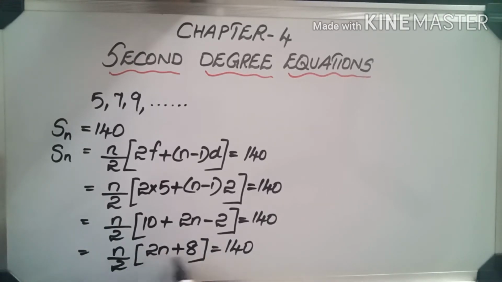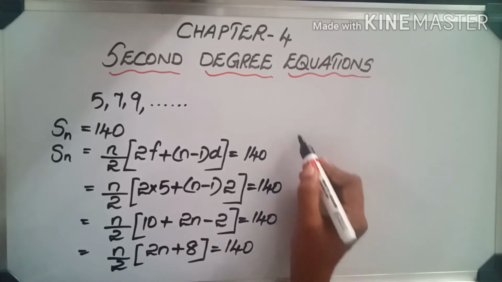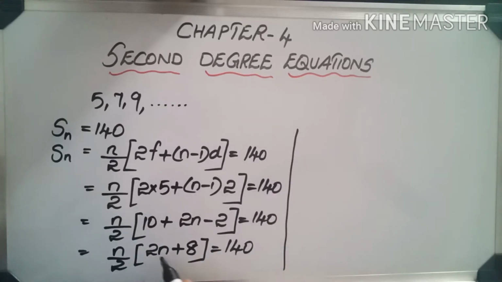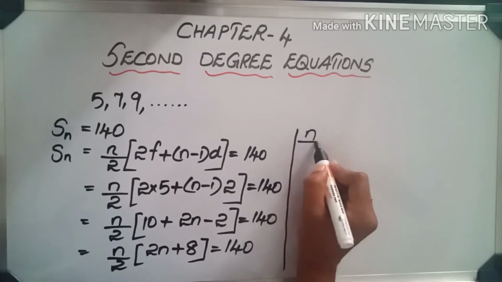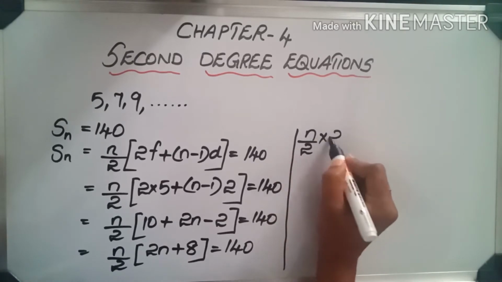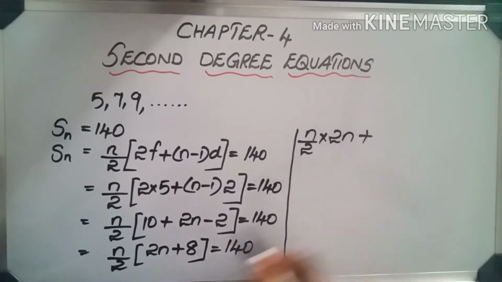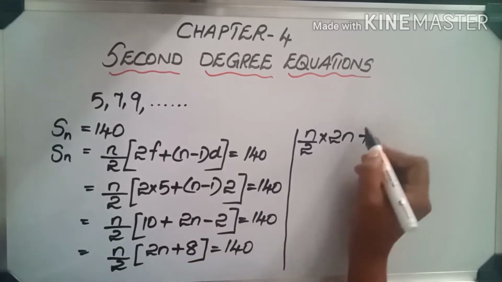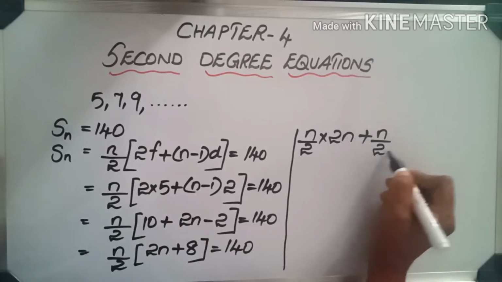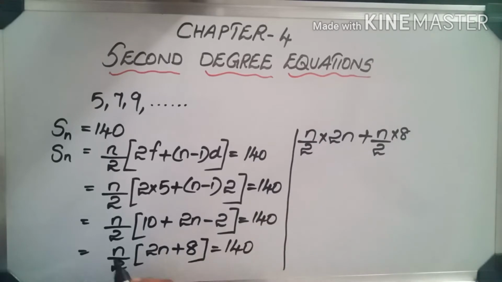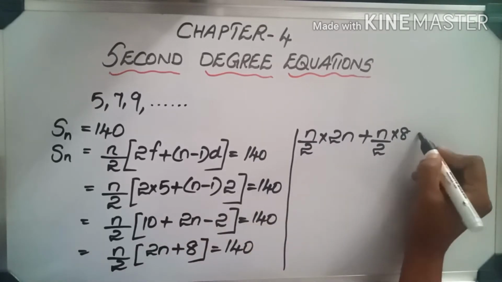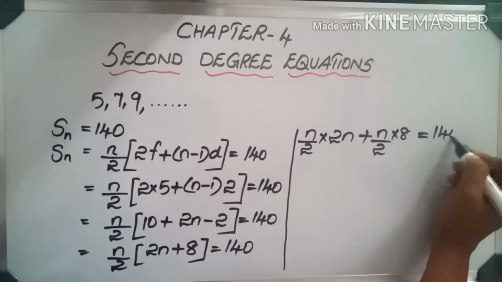Now in the next step, we can open the bracket. n by 2 into each term. So n by 2 into 2n plus n by 2 into 8. Each term we have to multiply. That is equal to 140.